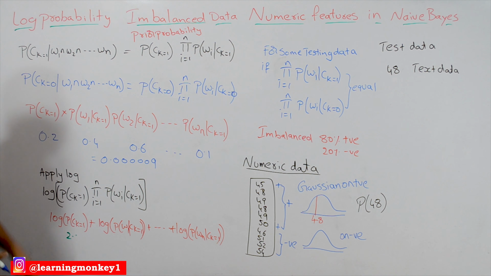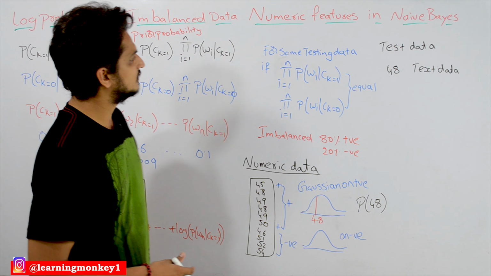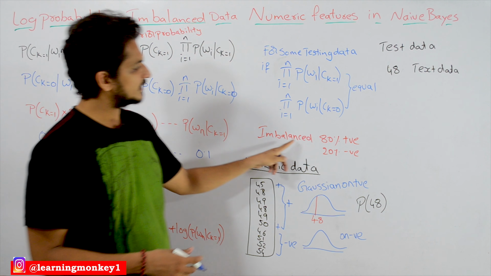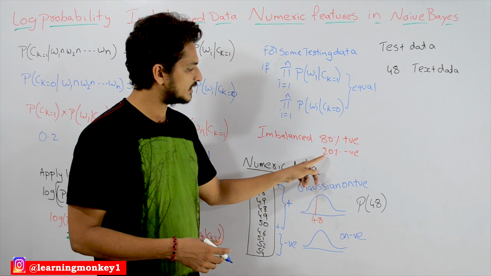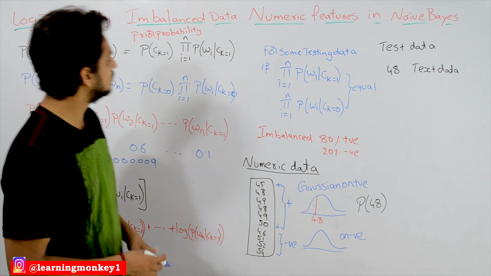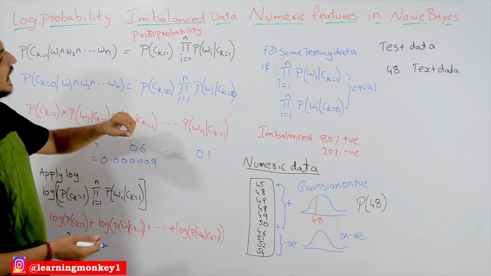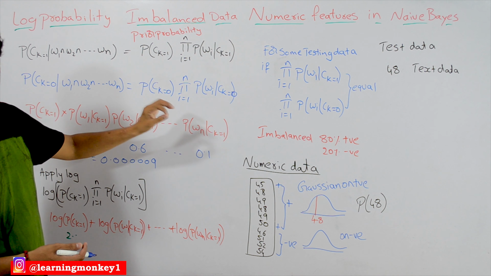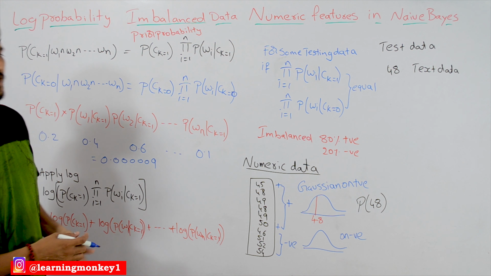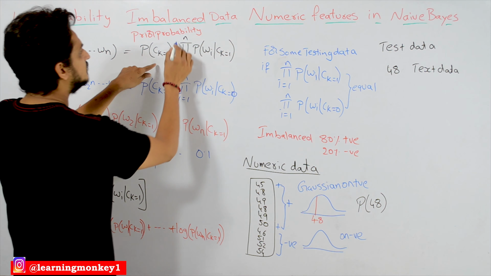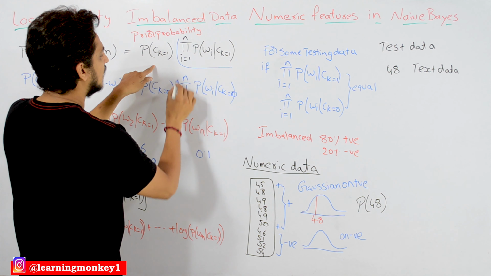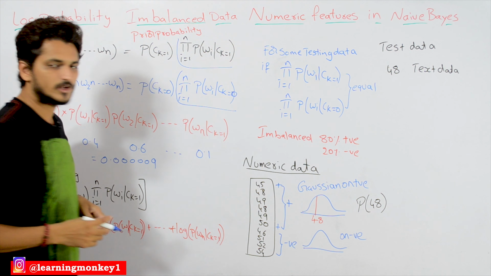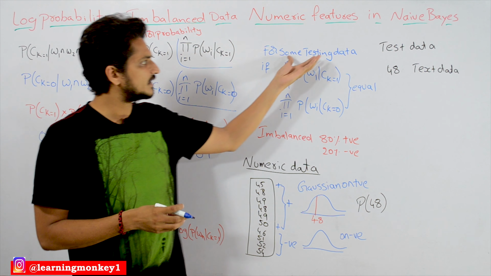Next, coming to imbalanced data sets. Let's take an imbalanced data set: 80% are positive values and 20% are negative values. What is the impact of an imbalanced data set on our naive Bayes model? That's what we will discuss here. Let's take a testing data set.